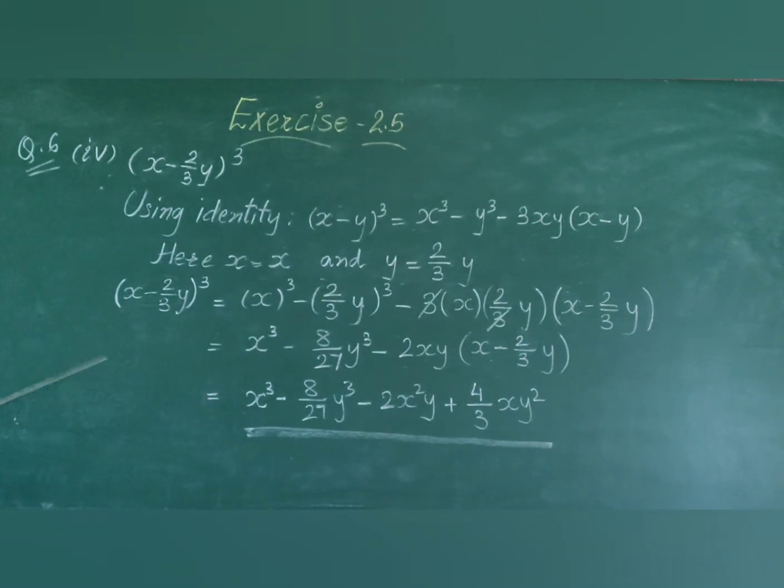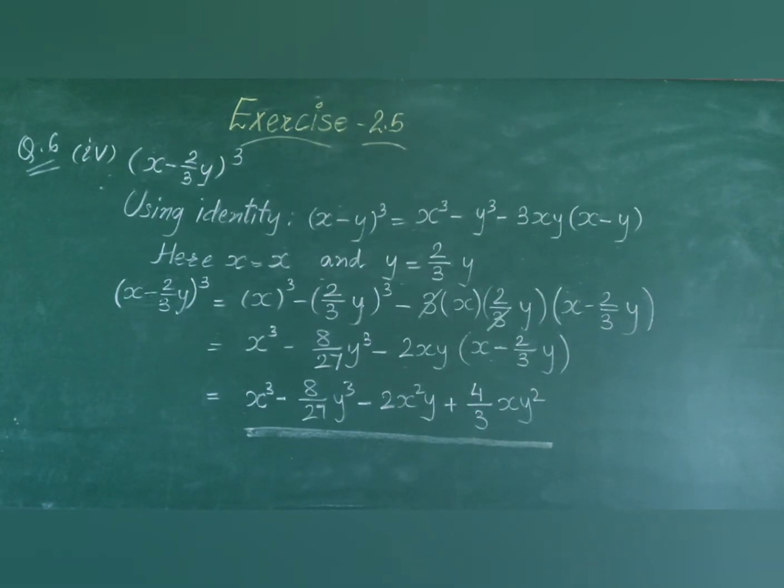Now we multiply minus 2xy with our x, so we will get minus 2x square y. Again we multiply minus 2xy with minus 2 upon 3y. So we will get plus 4 upon 3 x y square.